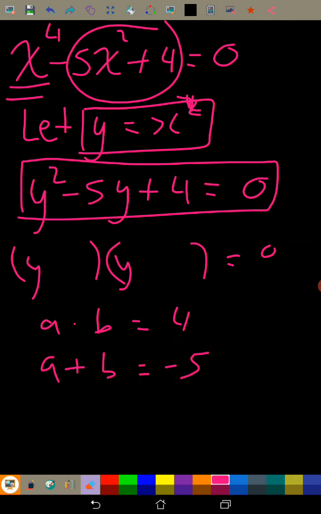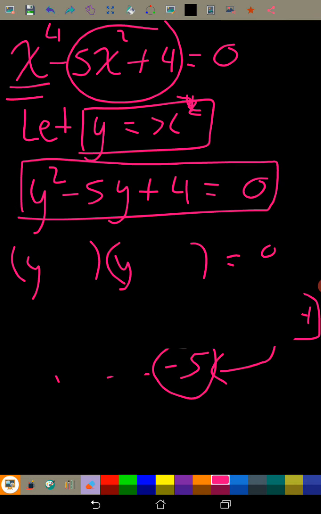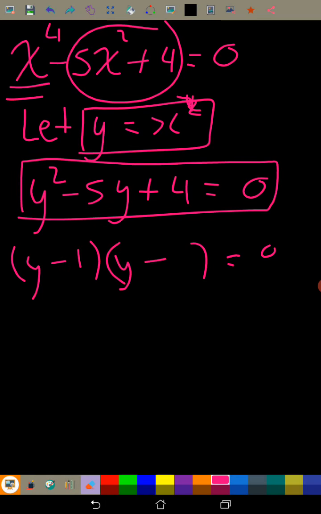If we have minus 1 times minus 4, it will give us 4, and if you add these two, it's going to give you minus 5. So I think it's possible to factorize it, so then it should not be so difficult. We have minus 1 and minus 4.